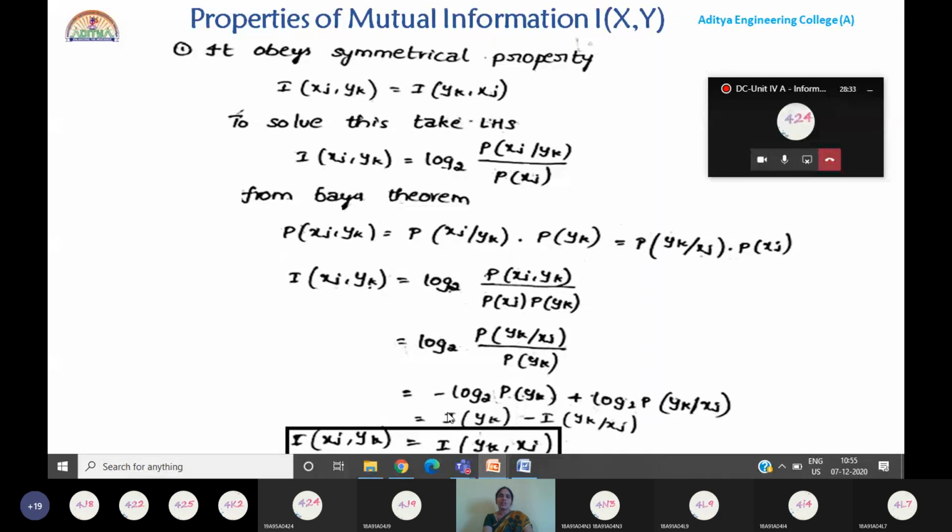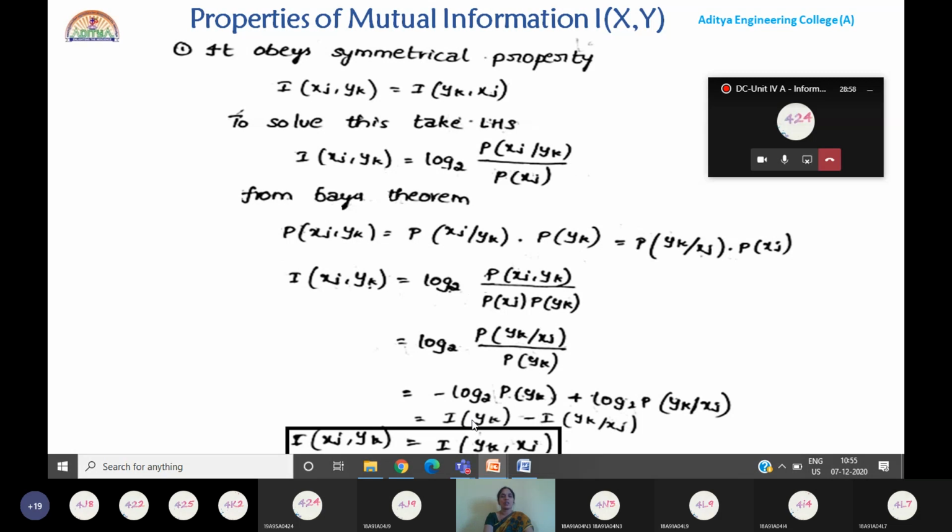This is nothing but the information of the receiver event knowing the transmitter xjth event, or else it is defined as the mutual information of the receiver section, which is due to the difference of the uncertainties of a priori probability and a posteriori probability.